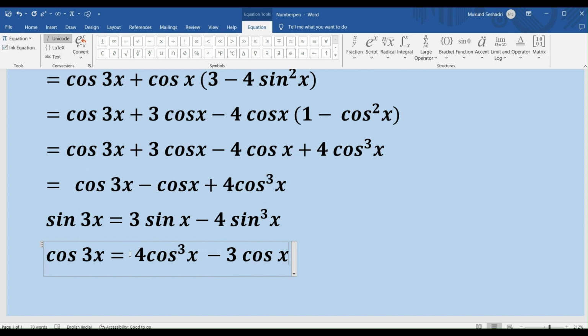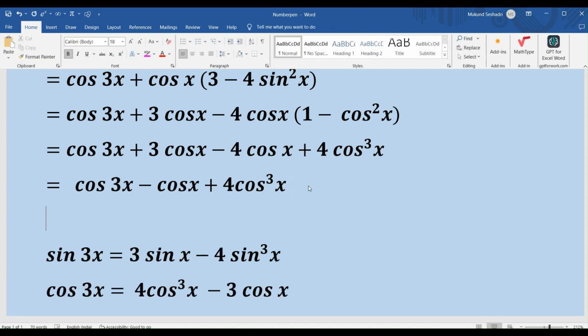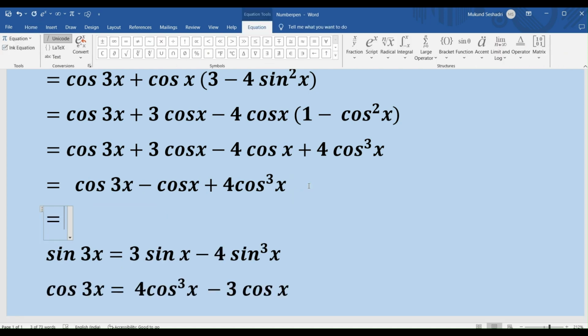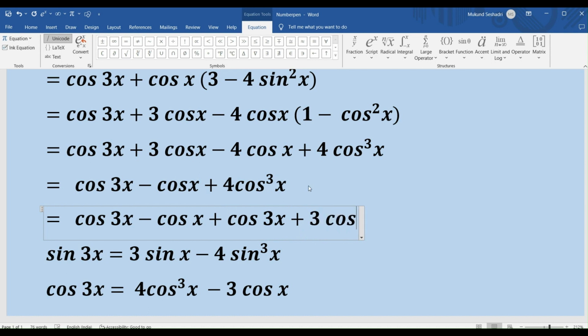And with this, I can re-express my cos cube x, right? So I can write, going to the next line, cos 3x minus cos x. My 4 cos cube x is nothing but cos 3x plus 3 cos x, right? I hope you folks are with me.